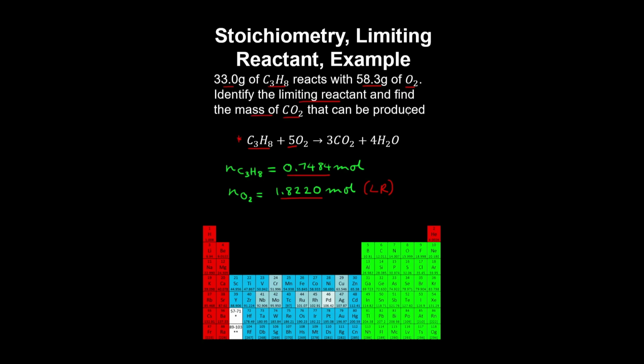Now to find the mass of CO2 that can be produced, we'll first obtain a number of moles of CO2 that can be produced from the limiting reactant. So every 5 moles of O2 yields 3 moles of CO2. So these cancel.